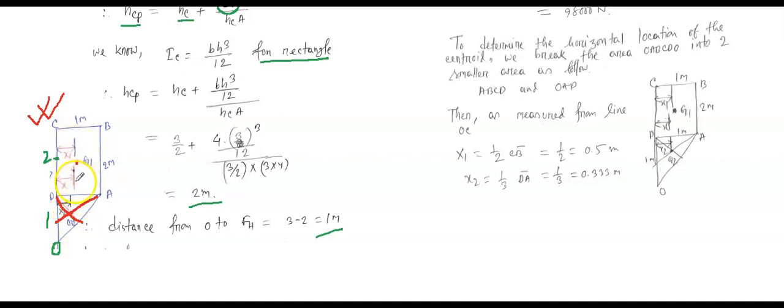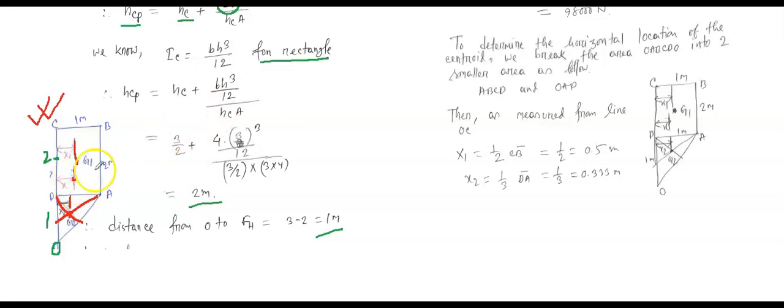So for the rectangle, this is the centroid, and this distance is x1. And for the triangle, this distance is x2. So keep in mind, we got the centroid for the rectangle ABCD and this triangle separately. Then what will be the centroid of this whole domain? Let's say this is the centroid point for the whole domain.